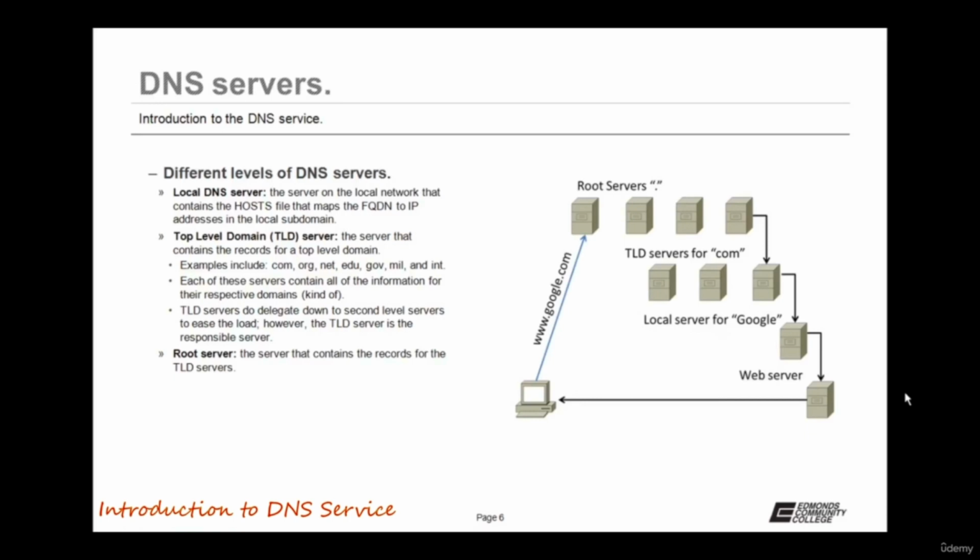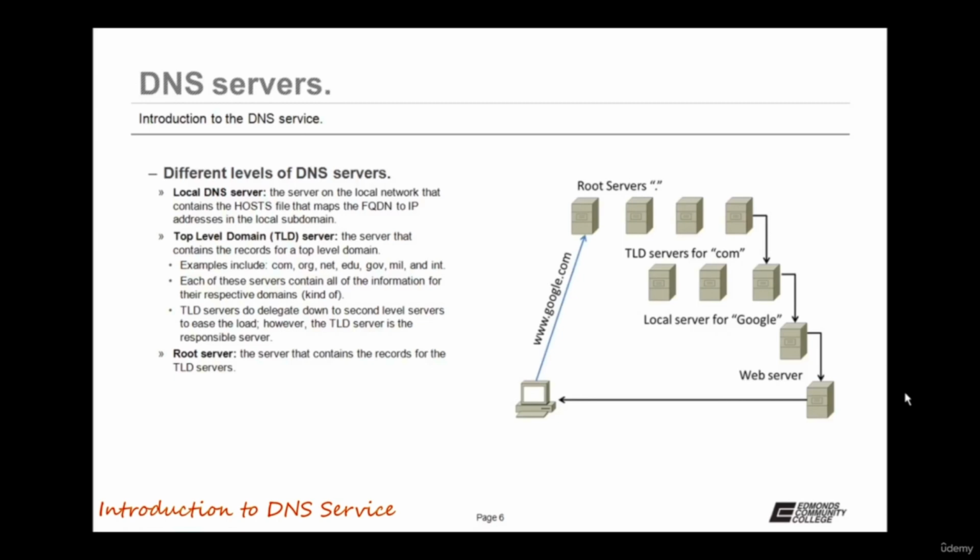Then there are top-level domain servers, the TLD server. Now these are the servers that contain the records for the top-level domains. Examples of top-level domains are .com, .org, .net, .edu, so on and so forth. Now each of these servers contains all of their information for their respective domains, kind of.